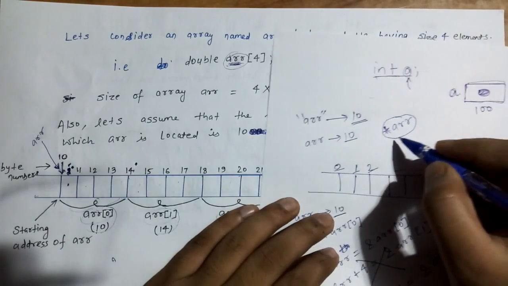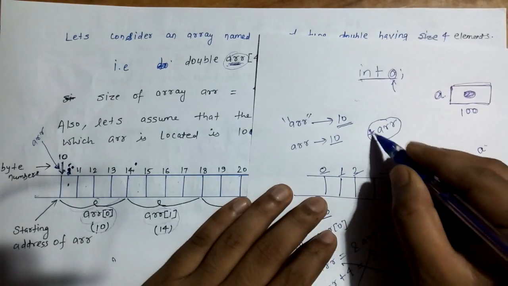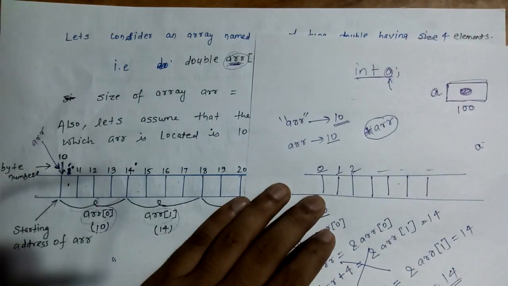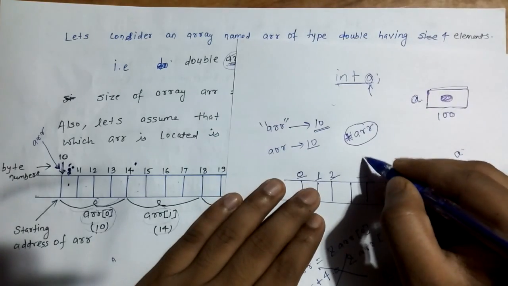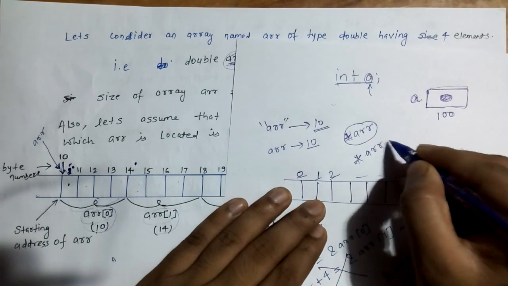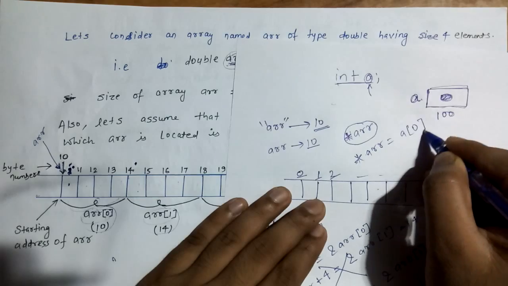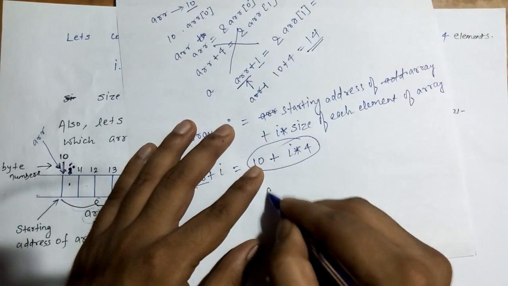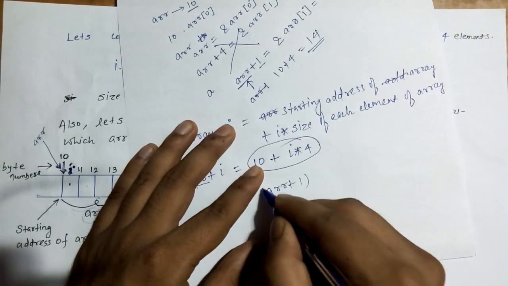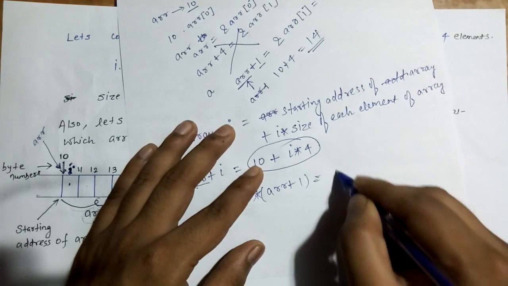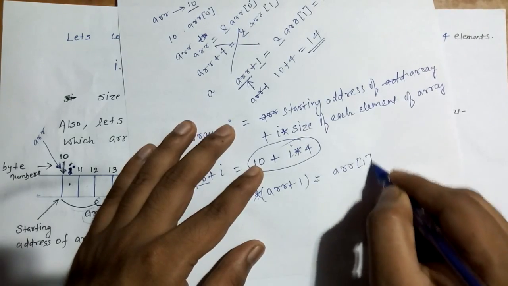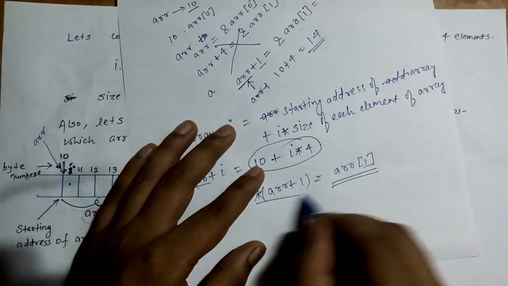In the same way, you can go inside the box by writing star in front of the array name. So star ARR is equal to ARR 0. In the same way, if you write ARR plus 1 and put star, it means ARR 1. This is user friendly, this is machine friendly.